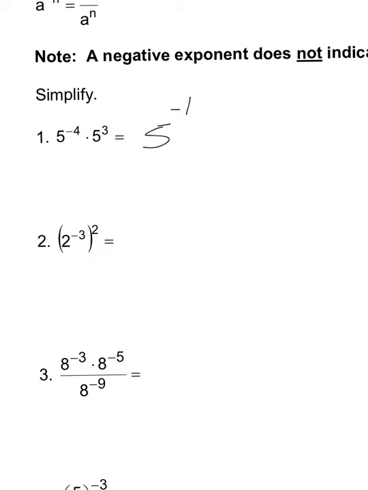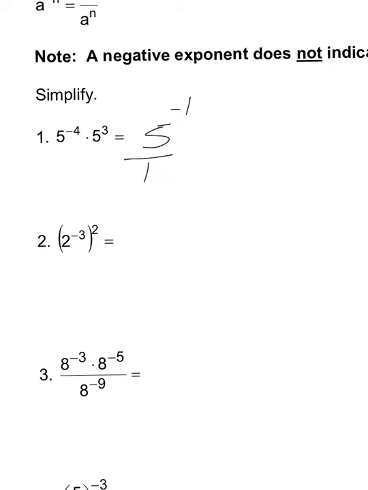So again, we just talked about that everything is a fraction. So if I put that 5 to the negative 1 power over 1, I just created a fraction. How I get rid of a negative exponent is I move it to the opposite of where it's at. So if it's on top, which is the numerator, I move it down to the denominator and it becomes a positive. If it was already on the bottom as a negative exponent, I would move it to the top into the numerator and it would become a positive.